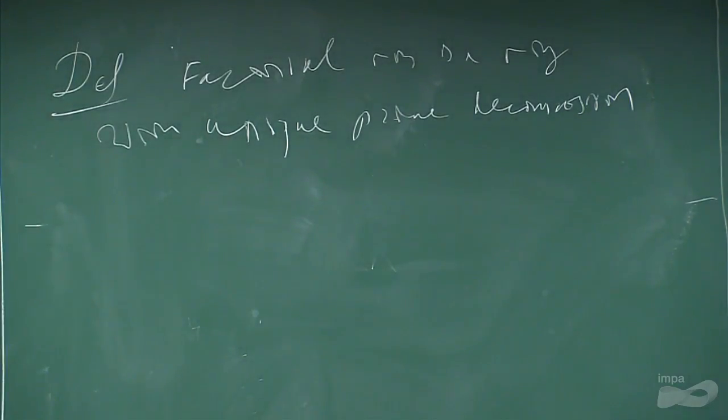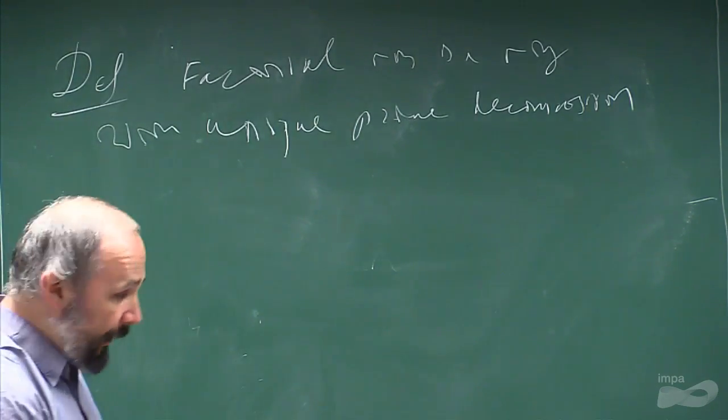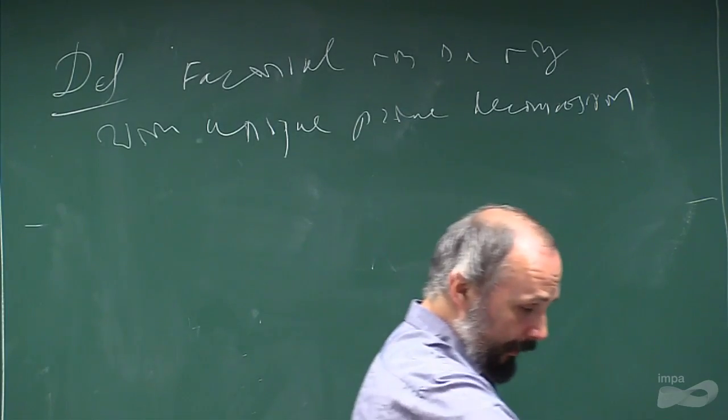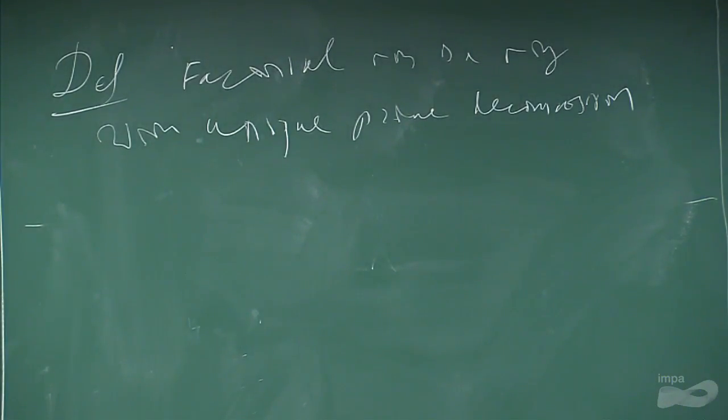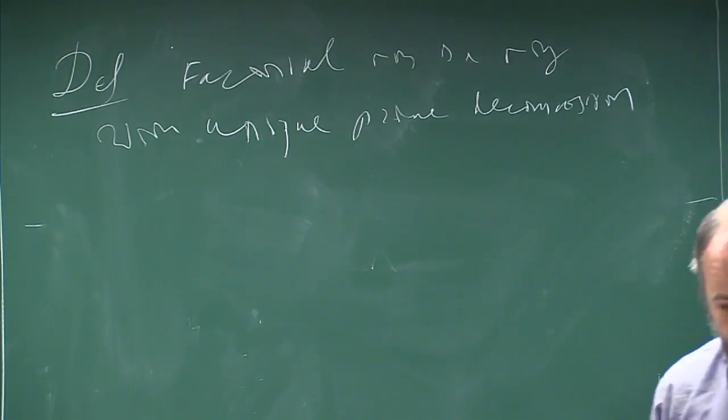For instance, this is something we shall probably use at some point. There is Gauss' lemma, which says that a polynomial ring in any number of variables is factorial, but of course it's not a principal ideal domain. This is something we discussed.